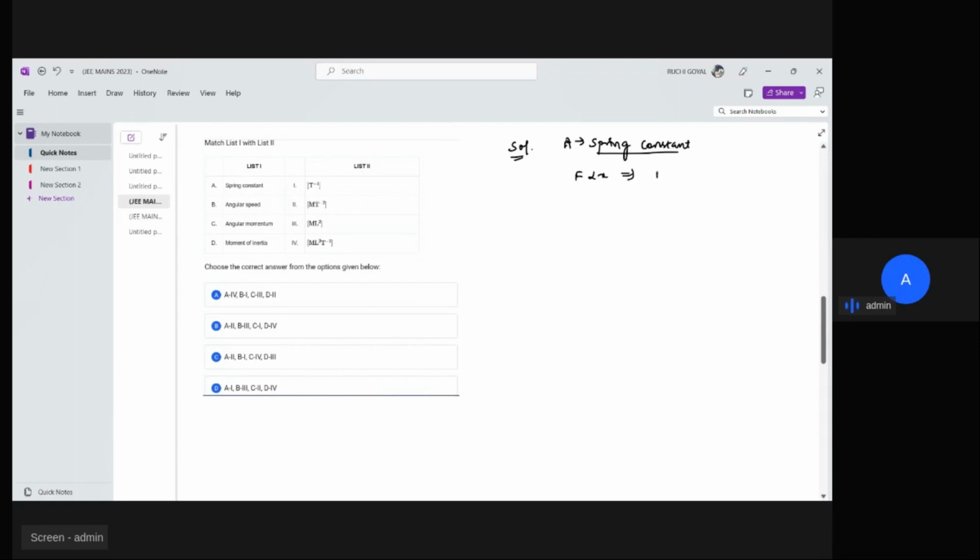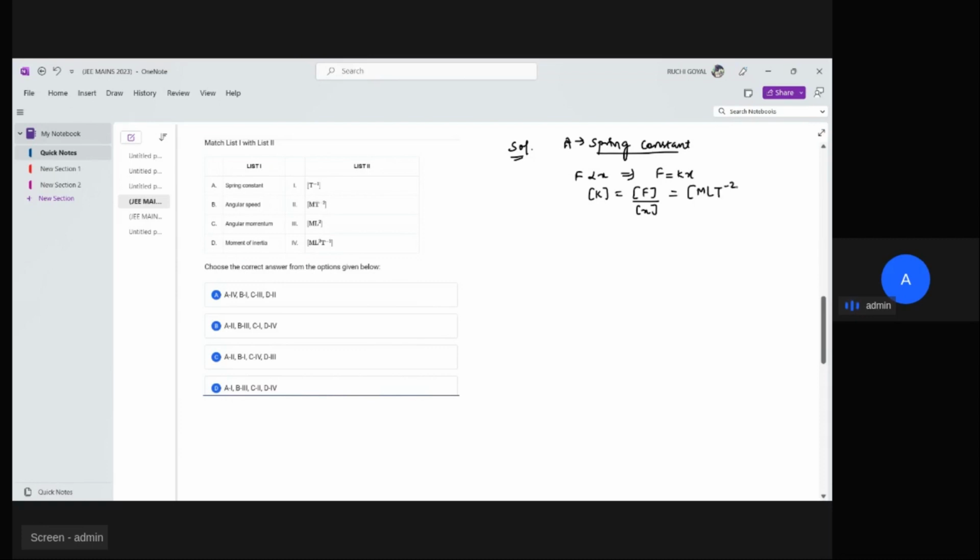If we remove the proportionality sign, it is F equals Kx, right? So we can find the dimensions of K from here, which will be dimensions of F divided by dimensions of X.